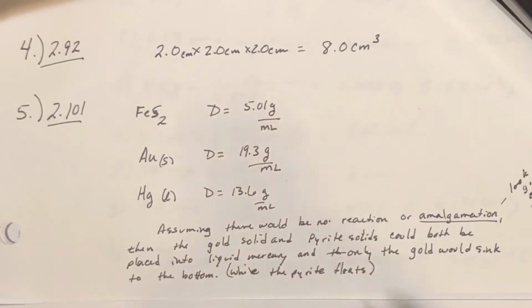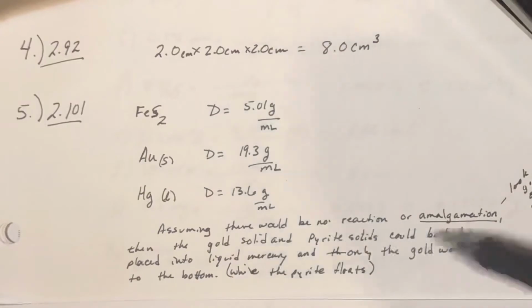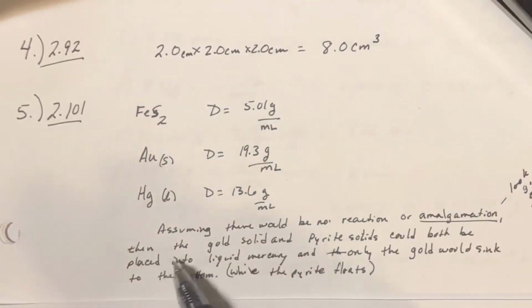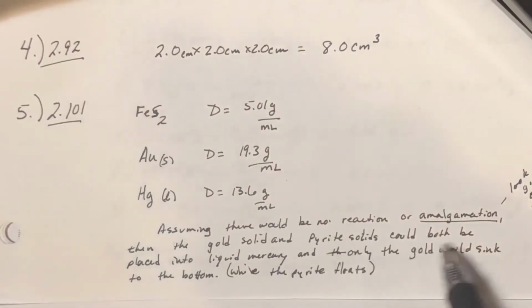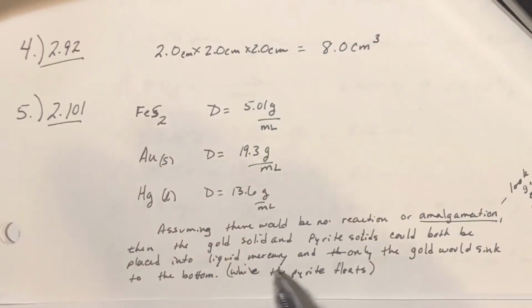And so, assuming there would be no reaction or amalgamation, this is not part of your grade, okay? But the gold solid and the pyrite solids could both be placed into liquid mercury, and only the gold would sink to the bottom while the pyrite would float. So if you're curious, look up what amalgams and amalgamation are, and there are some really neat videos out there on YouTube where mercury actually just absorbs the gold.